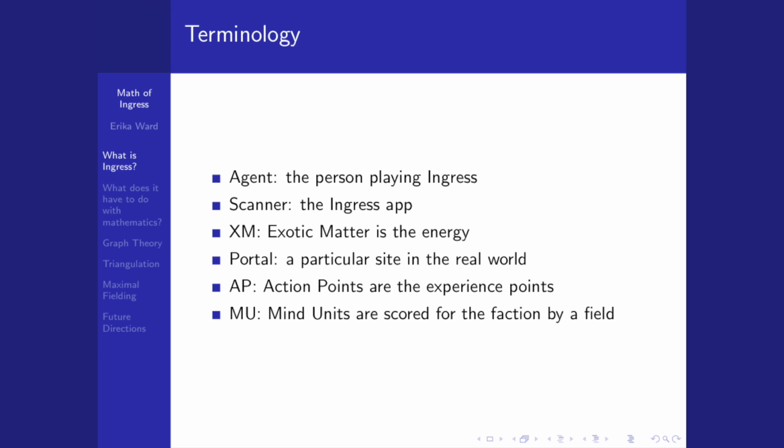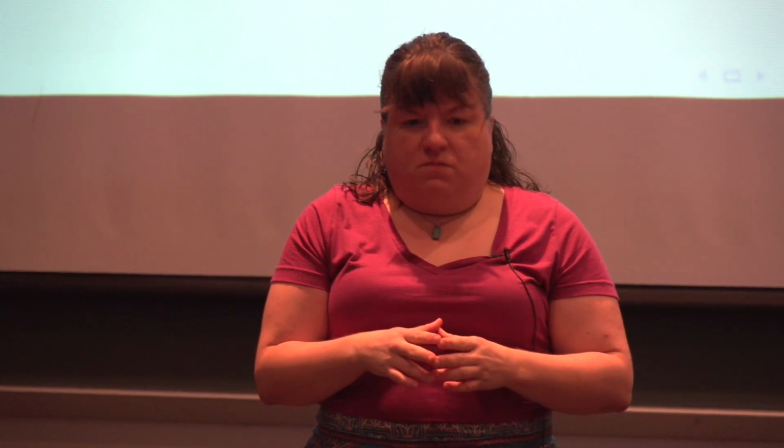And then there's this other twist that fields are scored. These triangles that you make are scored by, the story is, how many people are under that field. So you make a field in a high density area, you score more MU than you do if you make that same field in the middle of a national forest, right?